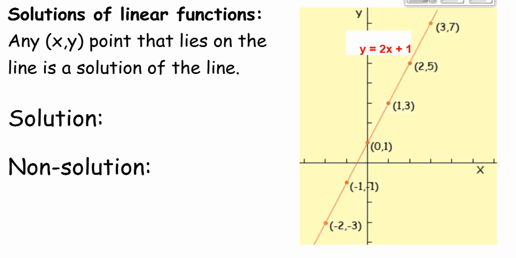Let's try another one. Let's try this 0, 1. This is x, this is y. So in for y goes 1, in for x goes 0. So 1 equals 2 times 0, which is 0, plus 1, so that checks. 0 plus 1 is 1. So you get the idea. Every point on this line is going to be a solution.